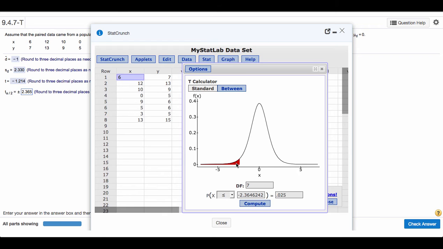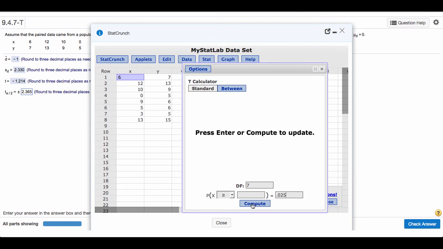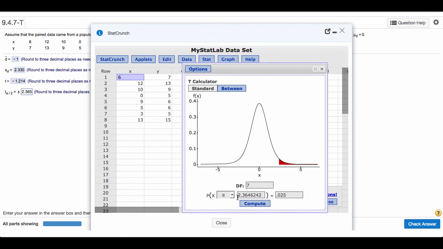That also means that a positive 2.365 would give us 0.025 of the distribution in the upper tail.